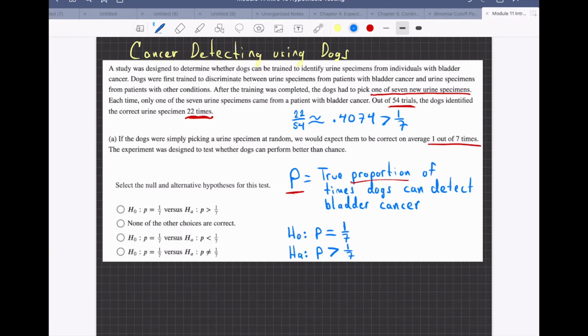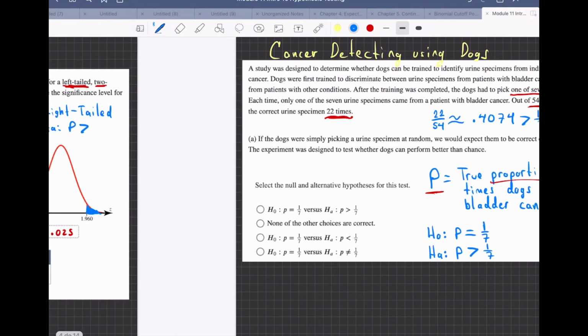Why? Because the sample suggests that the true proportion is greater than 1 out of 7. That okay? But of course, this is only a hypothesis. How do we know? Well, we're going to perform a hypothesis test to provide more evidence. But for now, the sample says that it's greater than 1 out of 7.